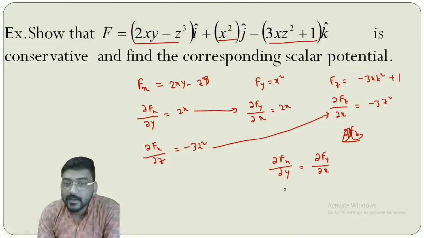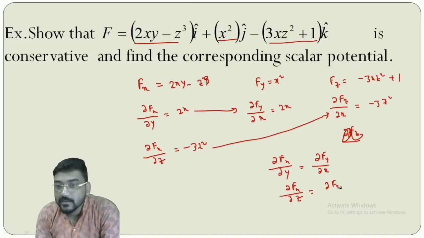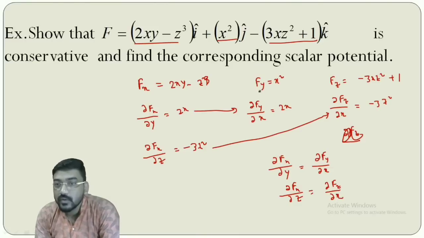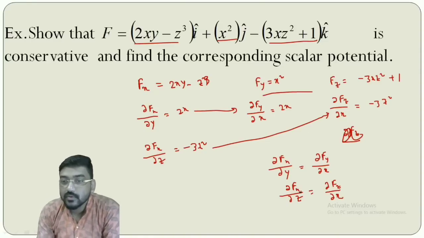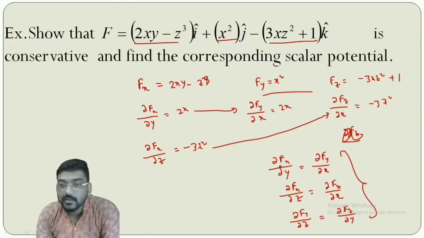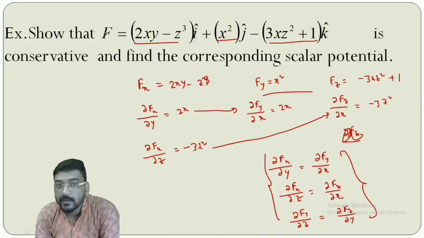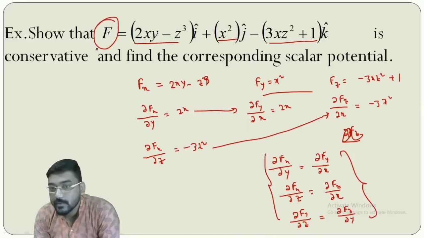Similarly, this relation will also hold good, because del fy by del z is 0 here, and del fz del y is 0 also here. So del fy del z is the same as del fz del y. So these sets of relations will hold good if f is conservative. That means if curl of f is equal to 0.